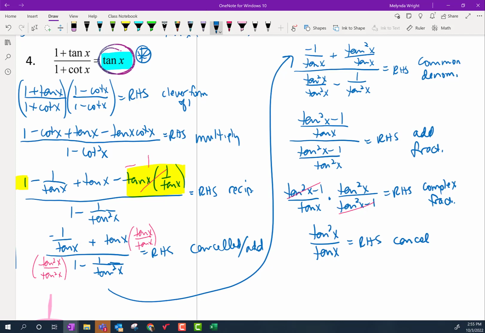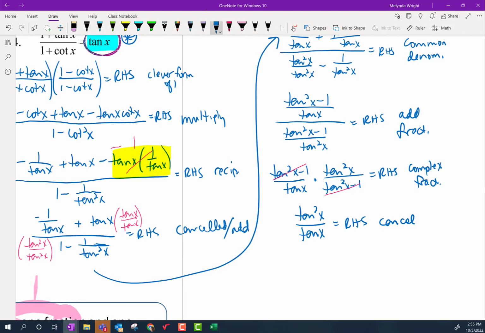It does. So if this was bothering us and we wanted to write it out, tangent squared means tangent, tangent over tangent. That's what it means, right? Tangent squared means there's two tangents. And I'm just going to say expand. And so here we can see that those go away. And I'm left with tangent x equals tangent x.